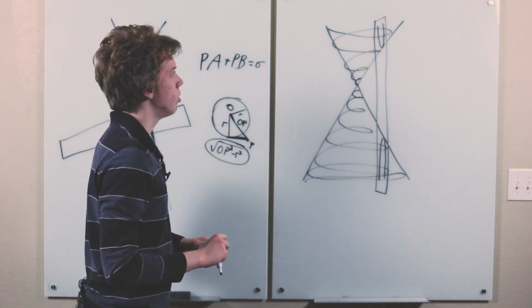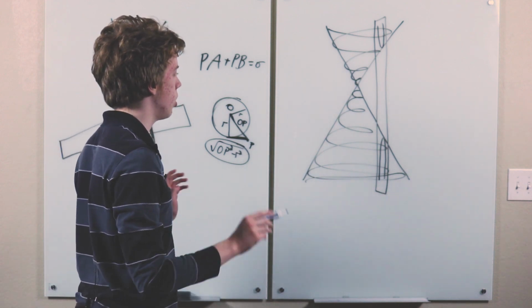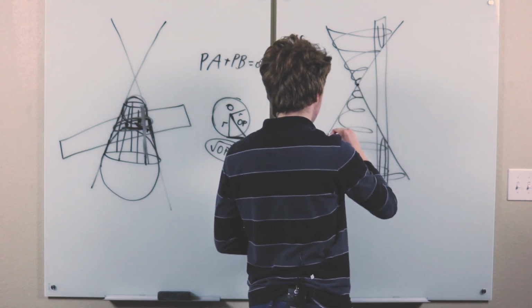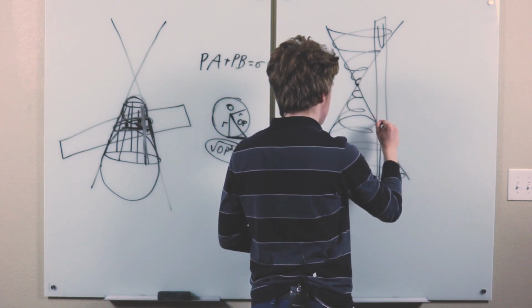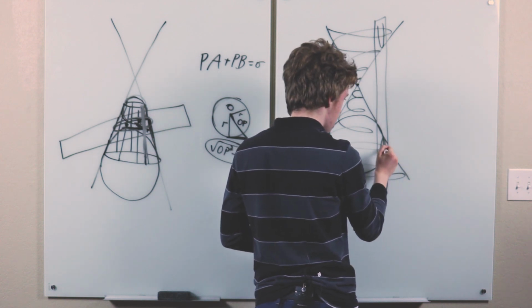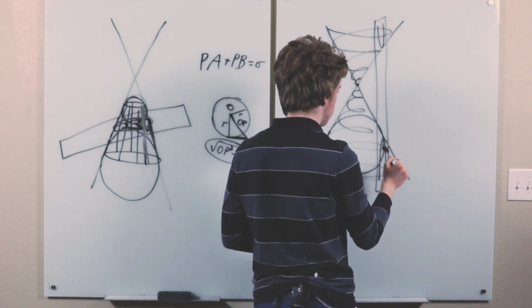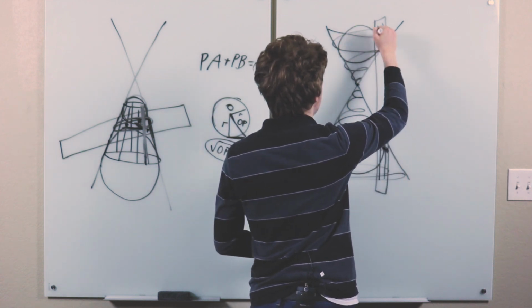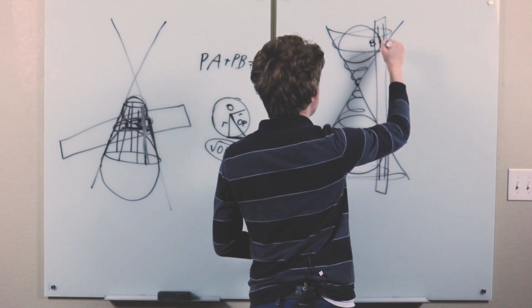But now we're going to have them on opposite sides of the vertex. So we've got one sphere on this side tangent to the plane at a point A, and one sphere on this side tangent to the plane at a point B.